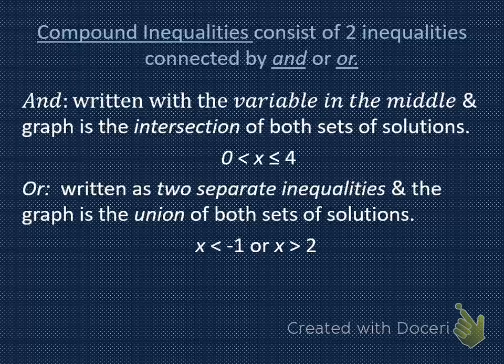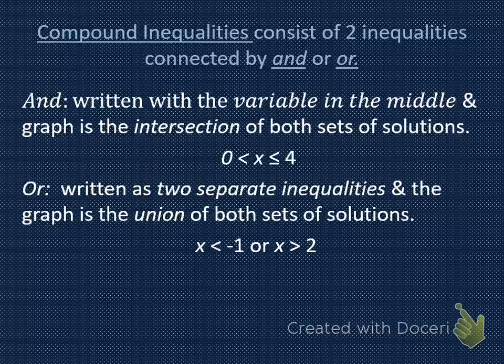The and is written with the variable in the middle, and the graph is the intersection of both sets of solutions. So fill in those blanks, and then I want you to highlight the word and, highlight where it says variable in the middle, and highlight intersection. Now, I'm going to try to make this as simple as I can.